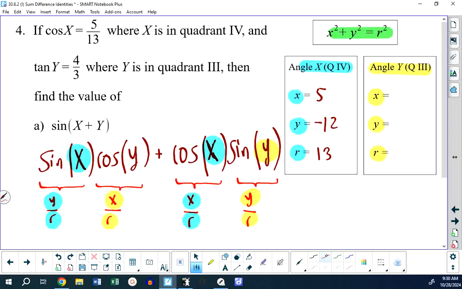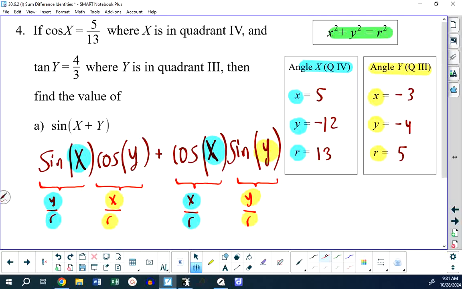Over here, for angle y, tangent is 4/3, which means y is negative 4 and x is negative 3 because it's in quadrant 3. So those negatives are hidden from you. And that means we calculate r. I think most of you know that if you have a 3-4 combination for x and y, r is 5.